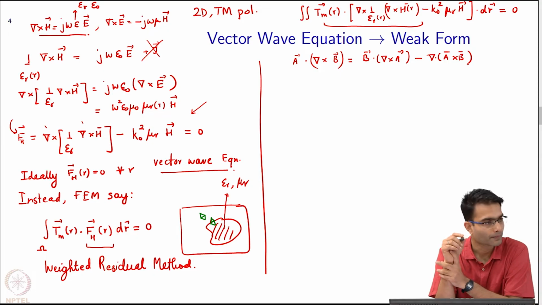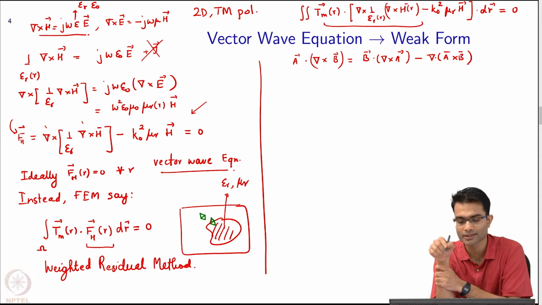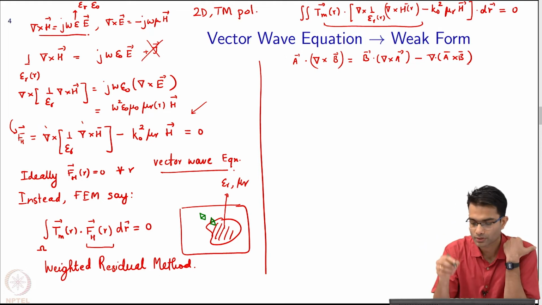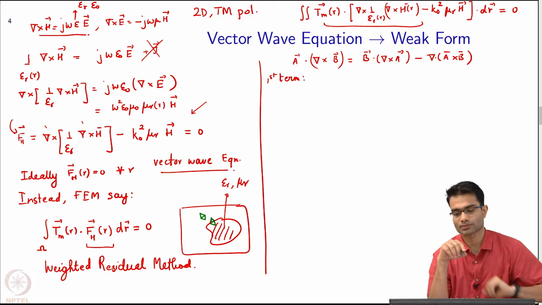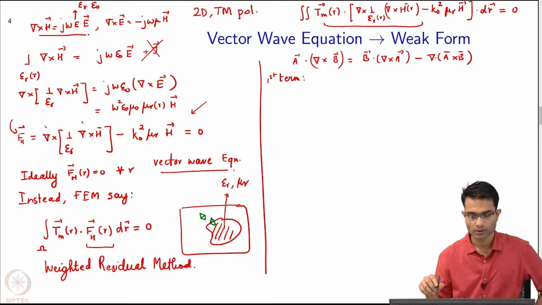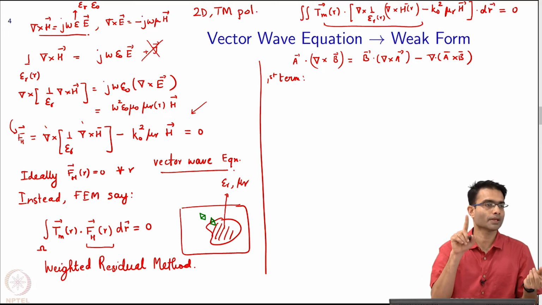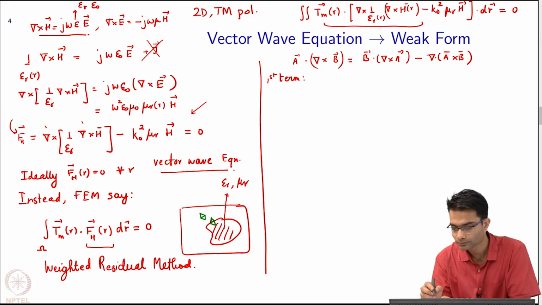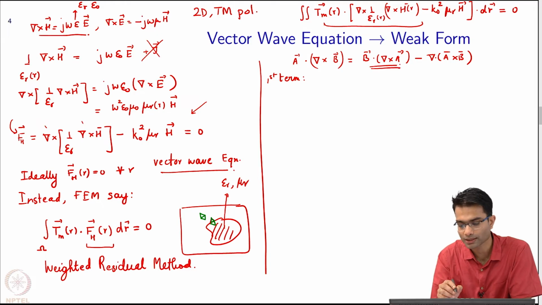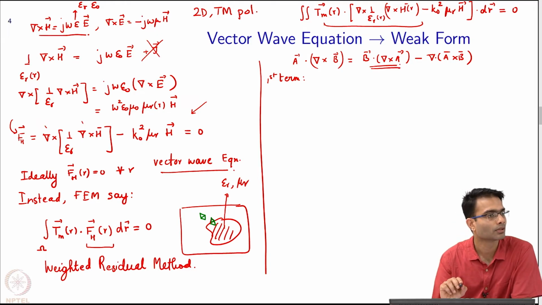Next, we will substitute this identity inside the first term of the integral. So, what happens, we will just take the first term. Let us write out the first term. So, dot product commutes. So, A dot B is B dot A, right. So, the first term will become, let us use this identity, the first term here. So, del cross A, what is del cross A? Tm, right.